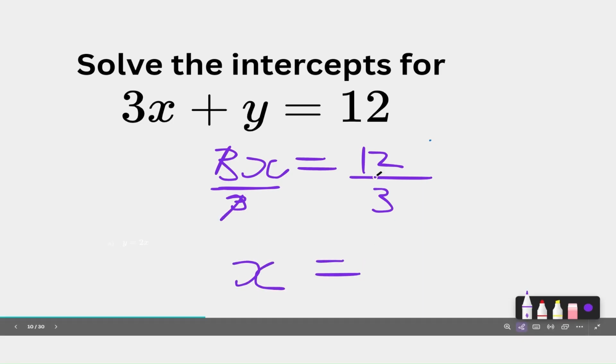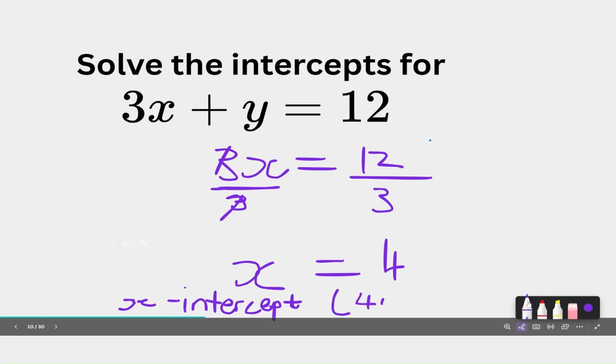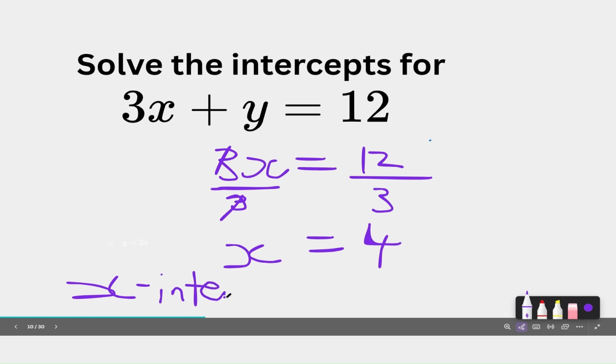So our x-intercept is 4. So x is equal to 4. We can write down our x-intercept is 4, and remember our y should then be 0.